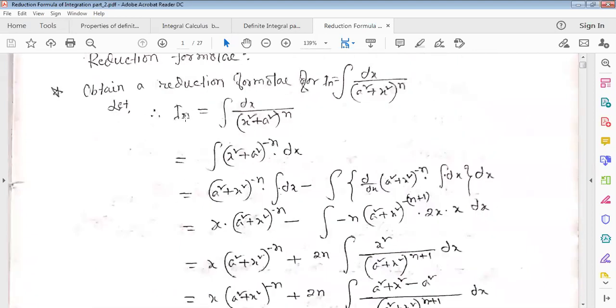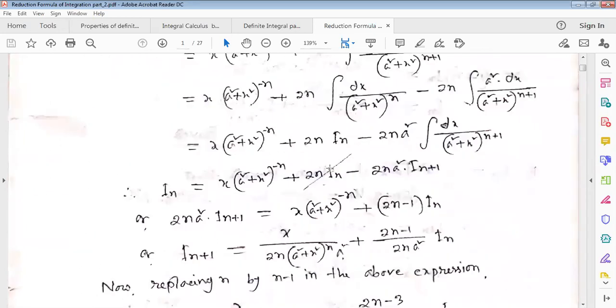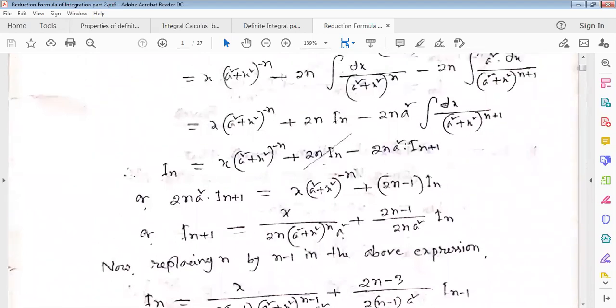If we take n minus 1 here, the power will be n minus 1 using the given integration. So twice n s square I_(n plus 1) equals x into (s square plus x square) to the power minus n, plus twice n minus 1 into I_n, right?